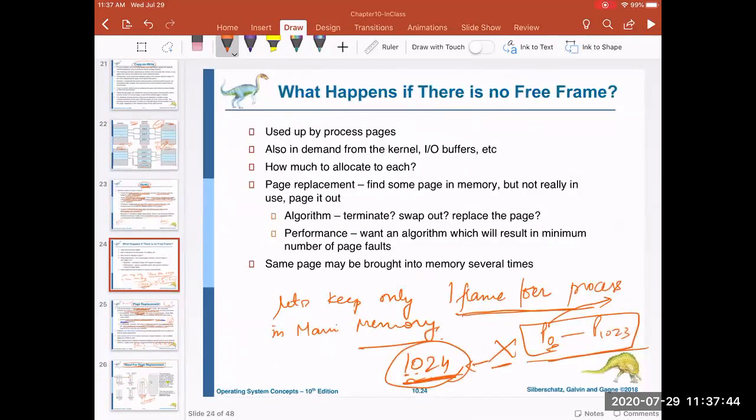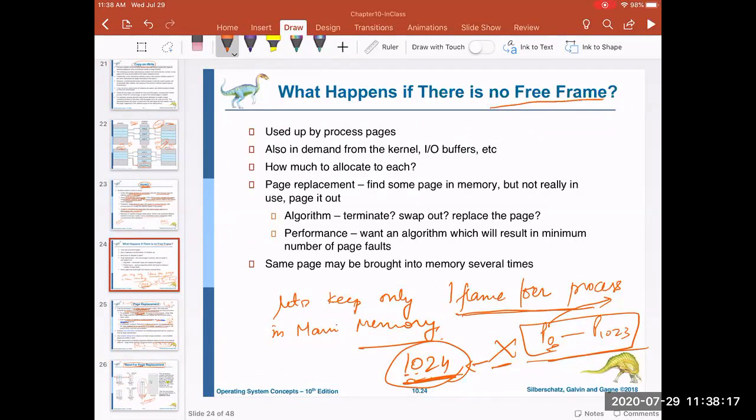We also discussed that there are problems with it. So what happens if there is no free frame available? Like we discussed in the previous lecture, if we do demand paging and bring in only the pages which are required into the main memory, that increases multi-programming. Now there should be a maximum limit up to which we can multi-program our system.